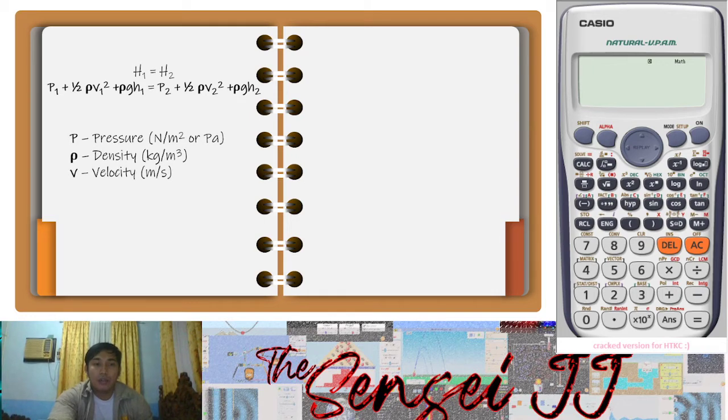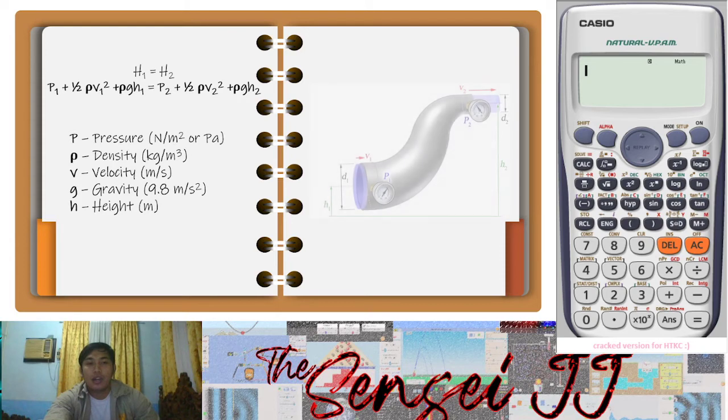And we have the velocity, in meter per second. And gravity of 9.8 meters per second squared. And lastly, we have the height. So all of these are pressure, with a unit of pressure.